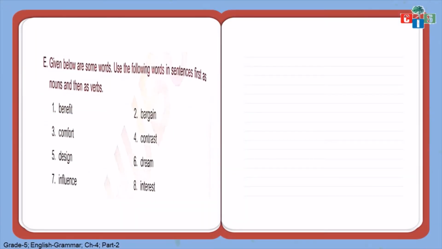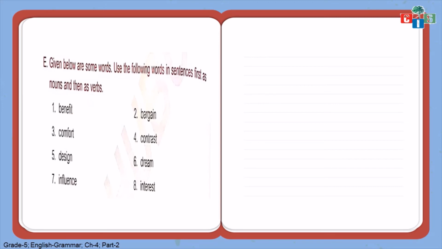Next is E exercise. Here 8 words are given and you have to make 2 sentences for each word. For example, the word benefit is there, right? So you have to make 2 sentences for the word benefit. In the first sentence you have to use benefit as a verb, and in the second sentence you have to use benefit as a noun, in the same way as we did in B exercise with the head word.